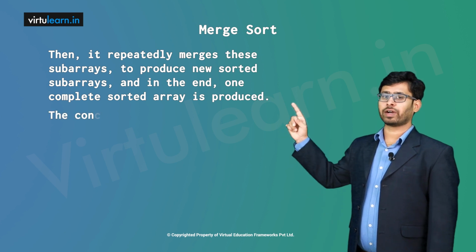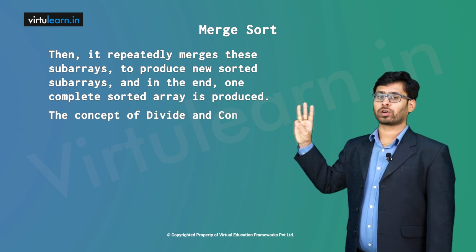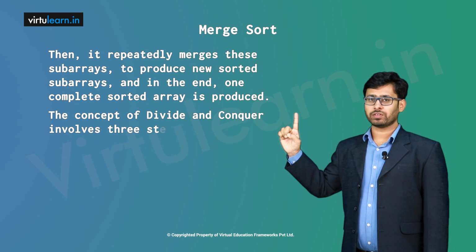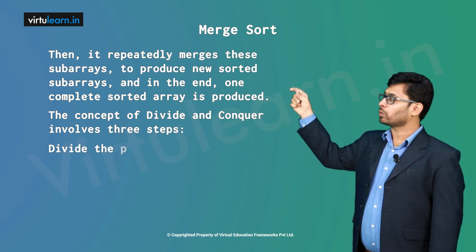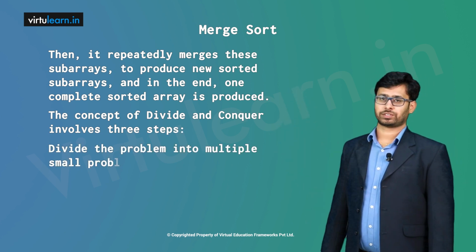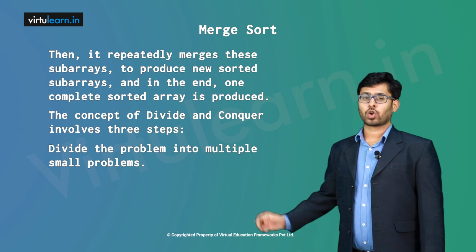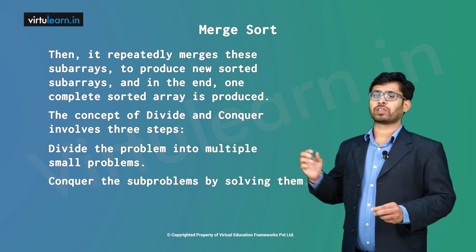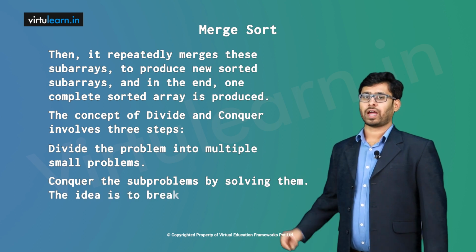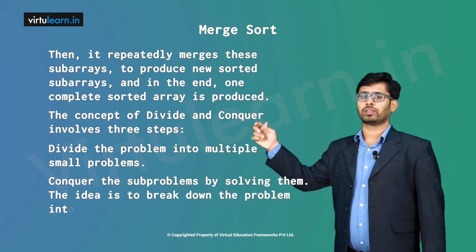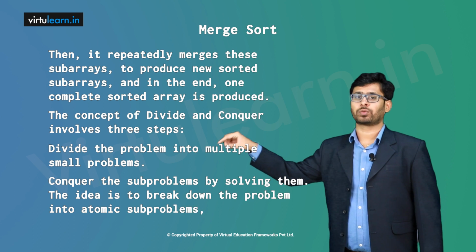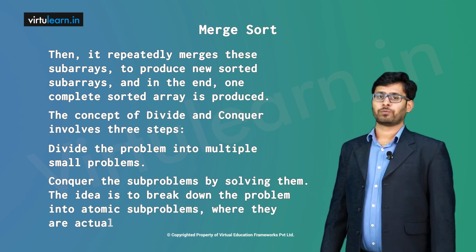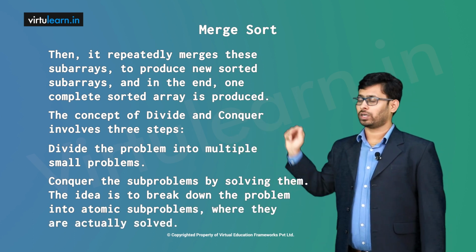The concept of divide and conquer involves three important steps. The first step is divide the problem into multiple small problems. Conquer the sub-problems by solving them. The idea is to break down the problem into atomic sub-problems where they are actually solved.